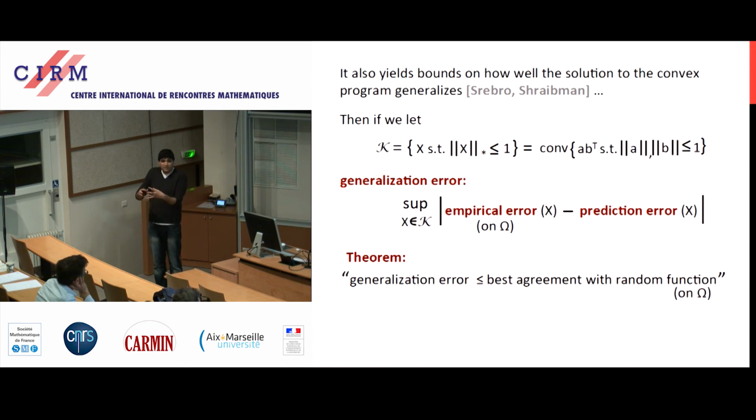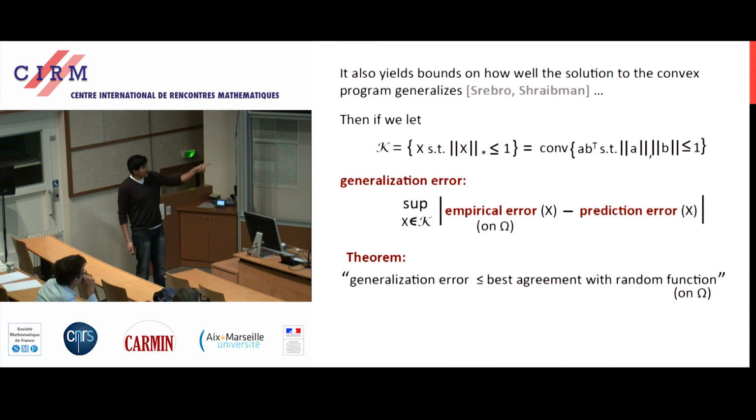If your hypothesis class is so rich that it agrees with a random function, then the fact that you've observed low error on the observations so far is probably just an accident because you have too many hypotheses to begin with. Whereas if your hypothesis class is so constrained that it can't agree with a random hypothesis, then what you saw was not an accident and it's actually indicative of the true error going forward.